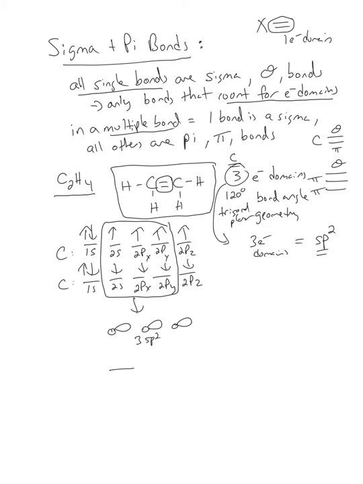So we get sp2, sp2, sp2. There's still the 1s for the carbon, and the other carbon, and then we still have a p orbital that is not hybridized. It's an unhybridized orbital.